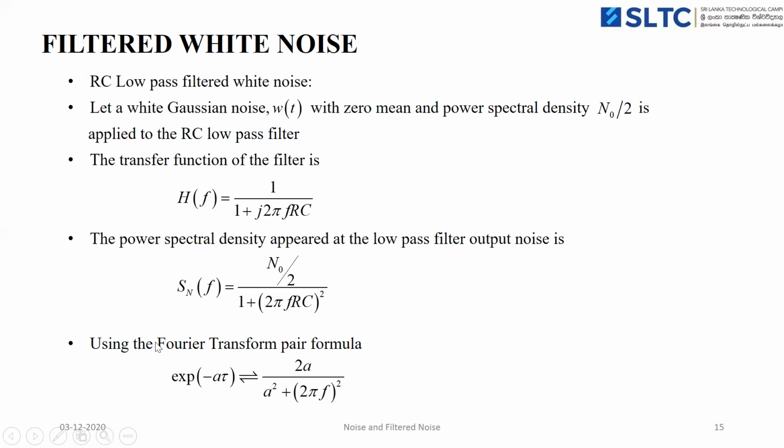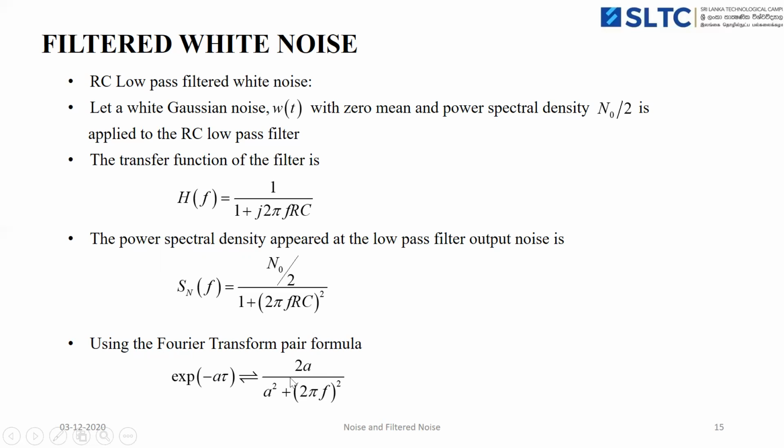Then you can use this Fourier transform pair formula: exponential of minus a times the magnitude of tau is equal to 2a divided by a squared plus (2 pi f) whole squared. Both are reverse to each other.